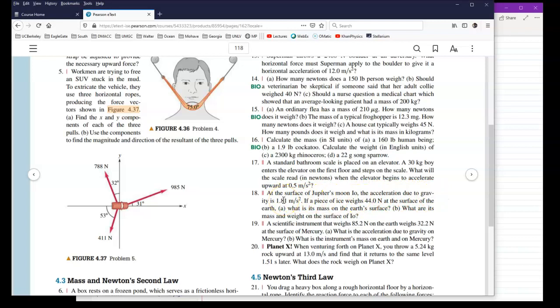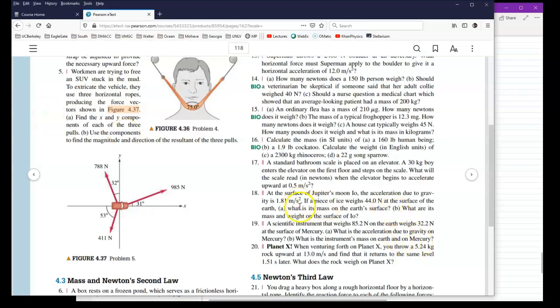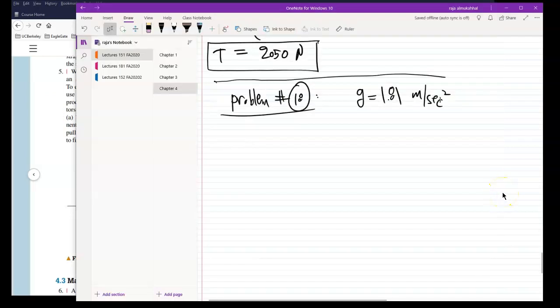This is the g value on Io, 1.81 meters per second squared. I'll tell you in a minute what that means. If a piece of ice weighs 44 Newton, which means the mg of that thing is 44 Newton. You get that? Okay.